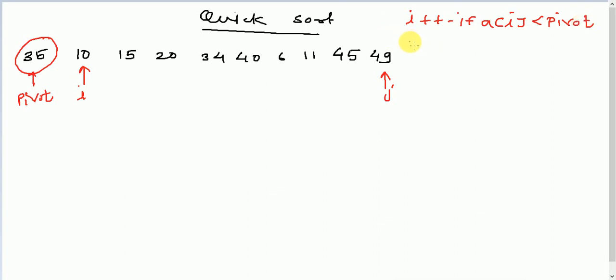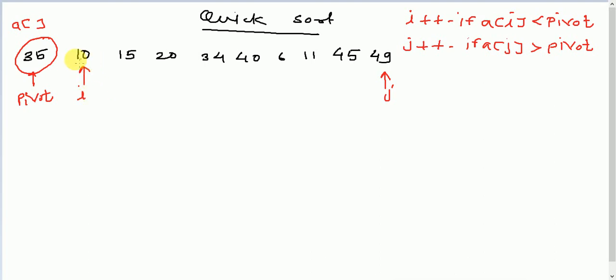I will do j plus plus if A of j is greater than pivot. Now I'll say this is my array A.